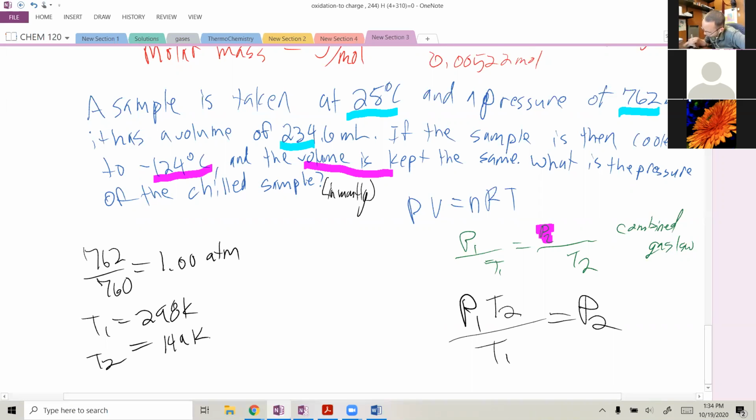Now, when we plug that all in, we'll get our P2. So we get 1 atmosphere times 129 Kelvin divided by 298 Kelvin. I guess I should really put that as 1.00.